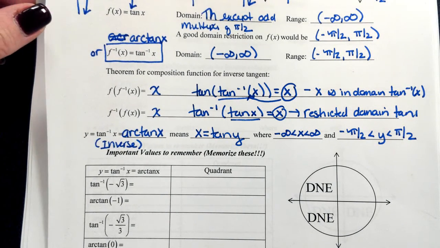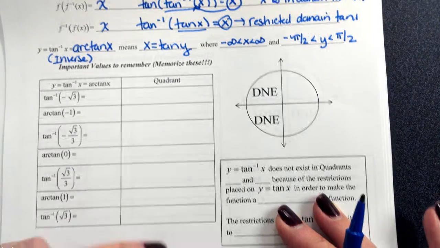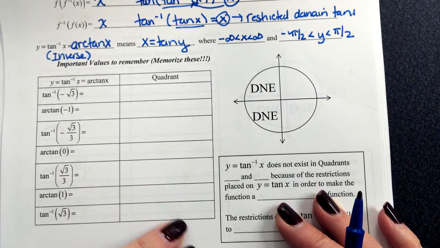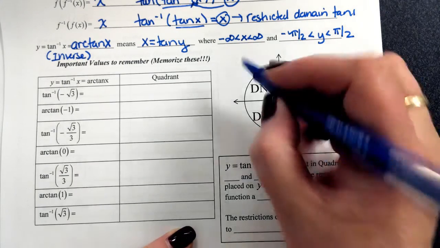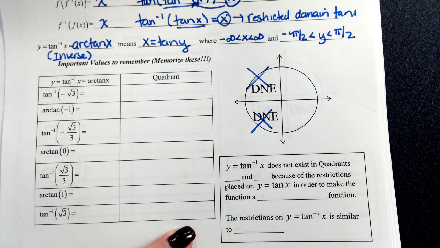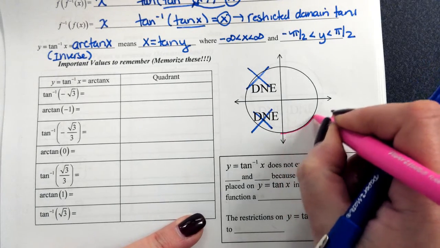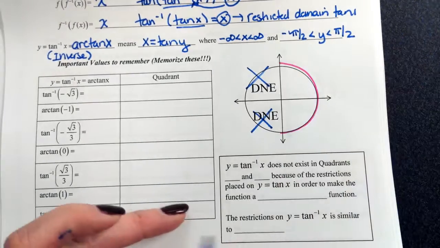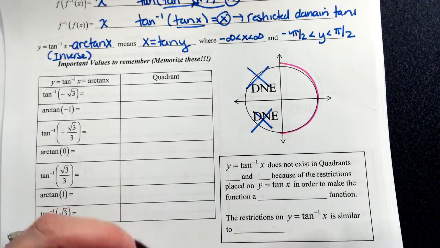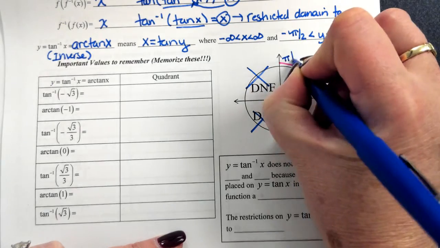The good news is inverse sine and inverse tangent are going to exist in the same locations on the unit circle. Quadrant 2 and quadrant 3 are dead to you when you are talking about the inverse sine and inverse tangent. You can only be in quadrants 1 and 4, and you have to be from negative pi over 2 to positive pi over 2.